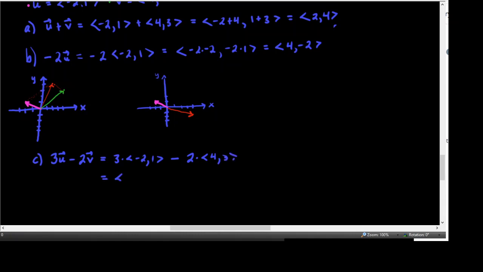So that's negative 6 comma 3 minus 8 comma 6. And let's see, negative 6 minus 8 is negative 14. And 3 minus 6 is negative 3.